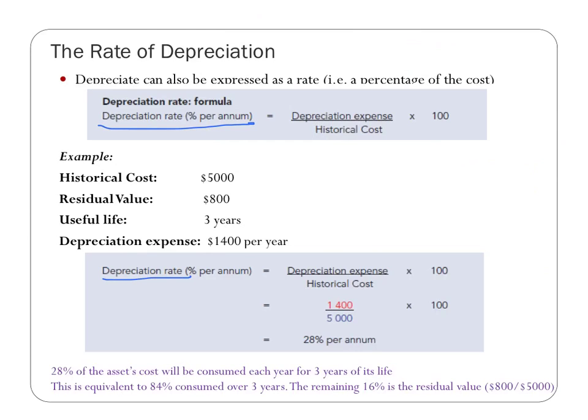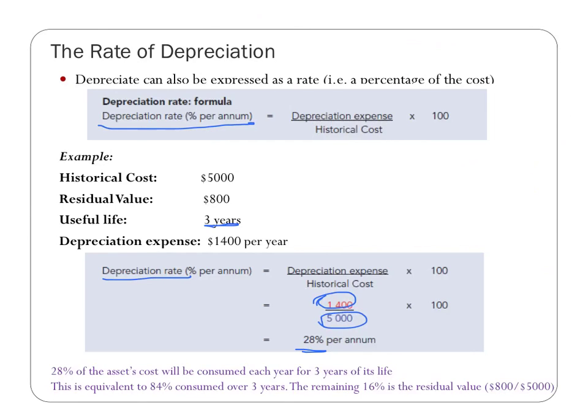The rate is calculated as depreciation expense, $1,400 in this case, divided by the historical cost, 5,000, times 100. So that's 28% per annum. How can we interpret the 28%? 28% of the asset's cost will be consumed each year over 3 years of its useful life.